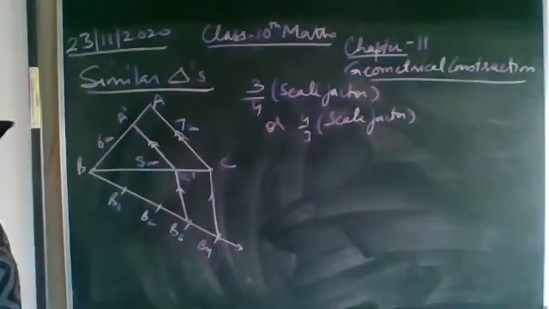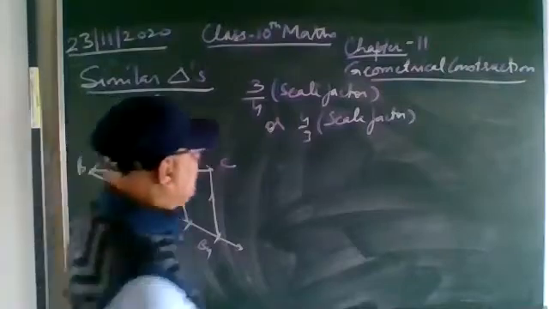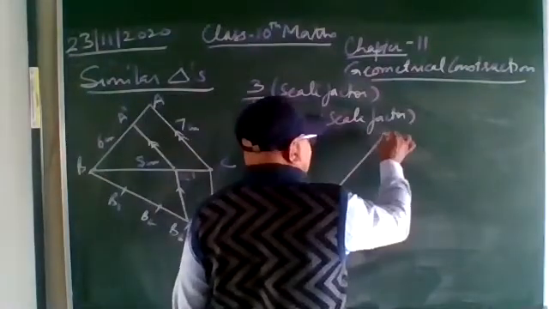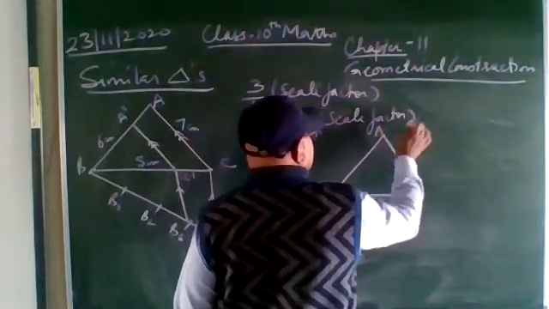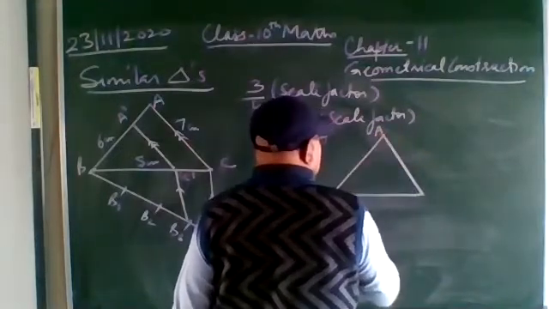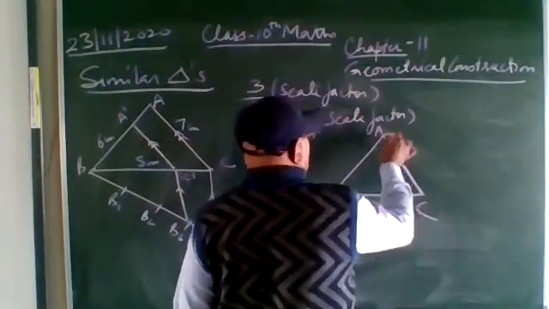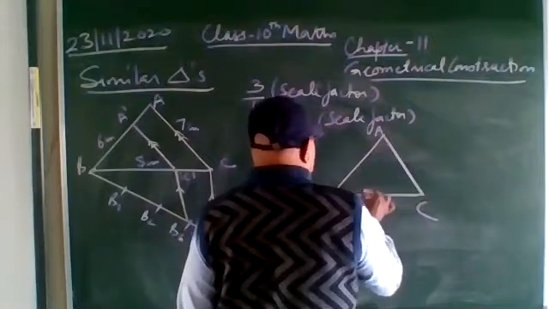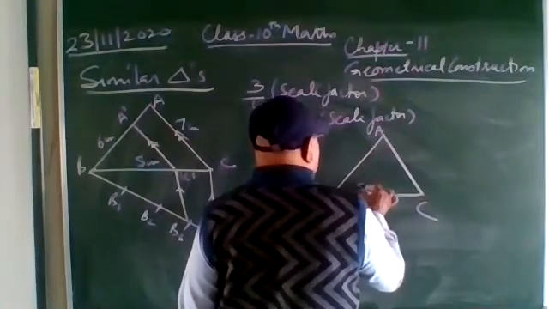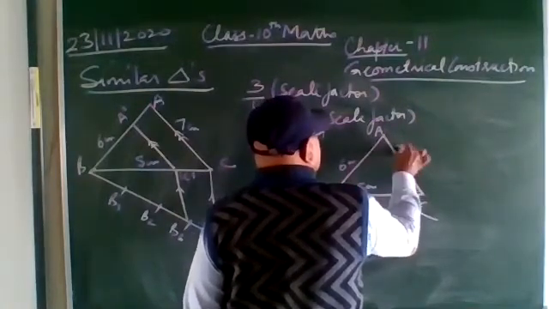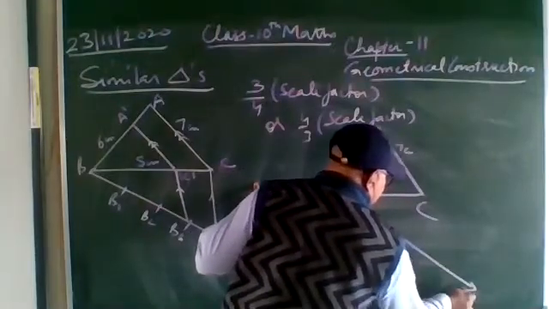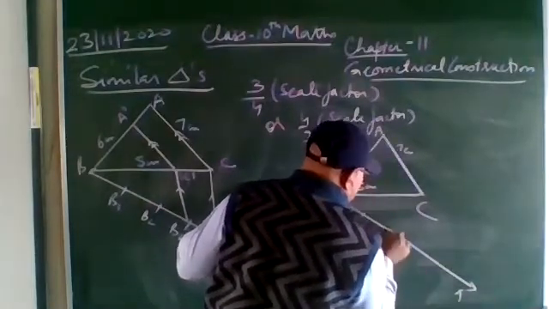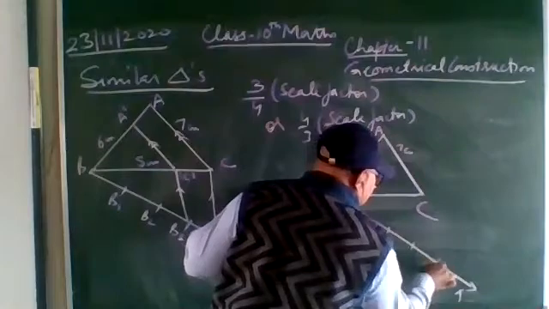But in 4/3, the scale factor is again here. The triangle you have to draw will be ABC, with 5 centimeter, 6 centimeter, 7 centimeter. For 4/3 the same procedure: B1, B2, B3, B4.